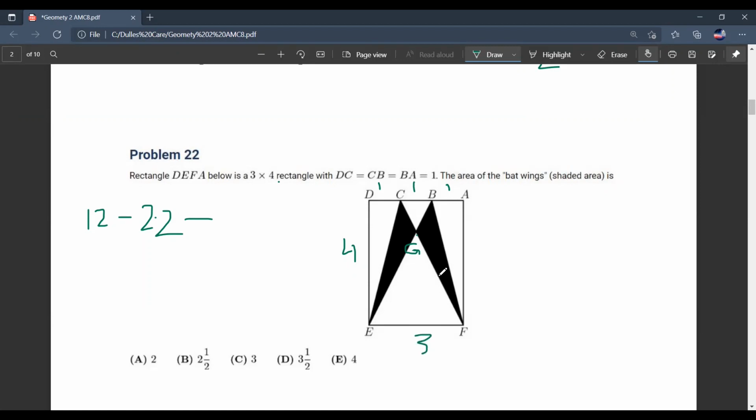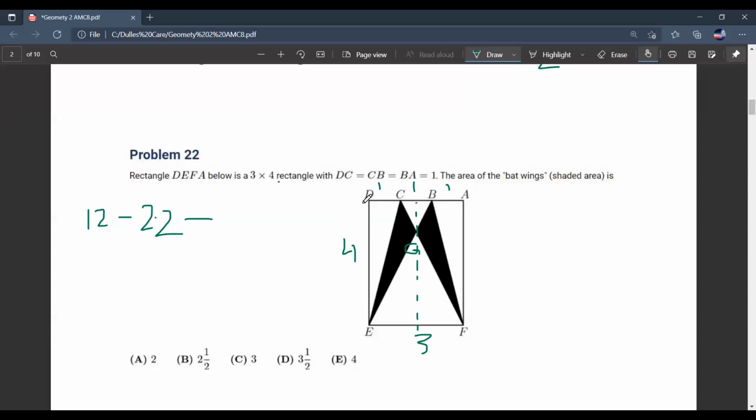So we can use similar triangles. If we were to draw the height, the total height between CBG and GFE is 4. It's just like DE, the height of the rectangle.